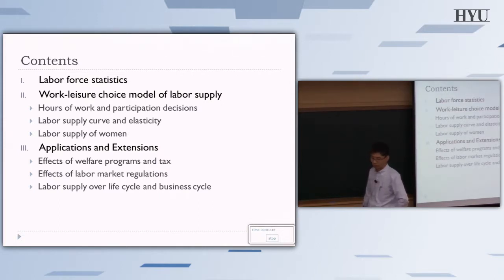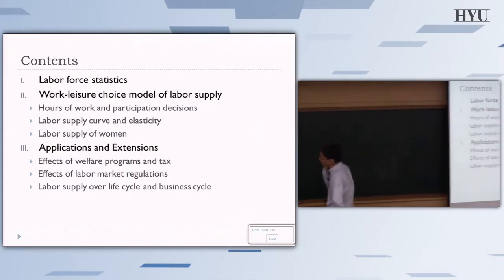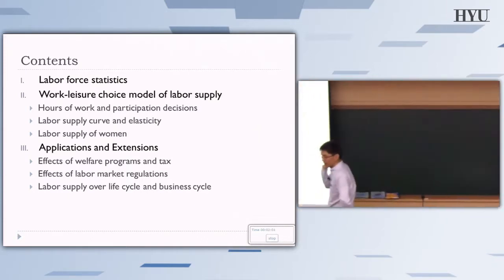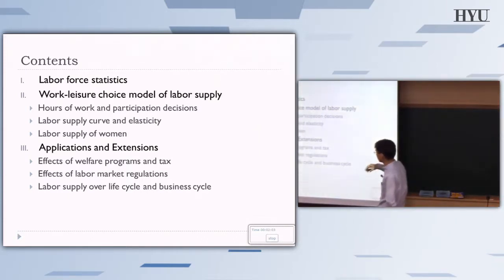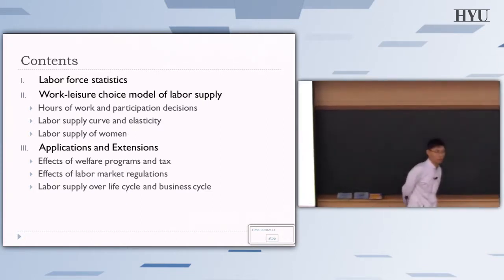We will spend probably one whole lecture on this, and then move on to some applications, mostly about government policies, like welfare programs and tax, and some labor market regulations, and then a couple of extensions of the model about life cycle labor supply and the business cycle.